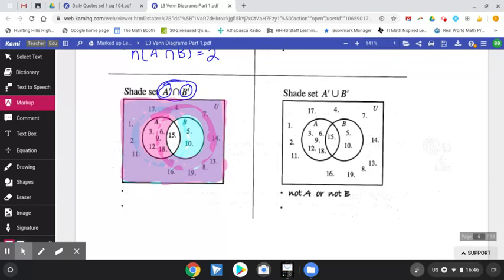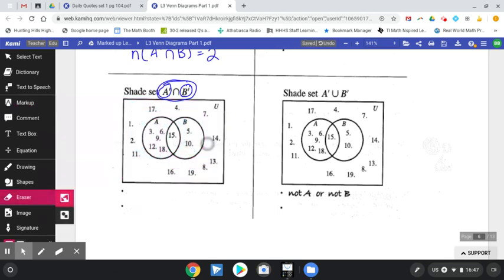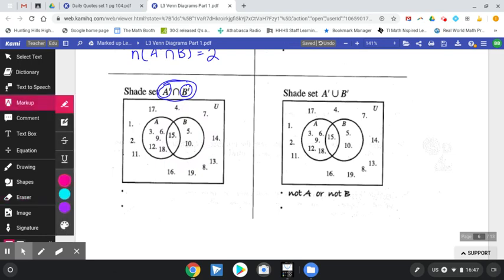So our final shading is going to be on the outside of both circles.